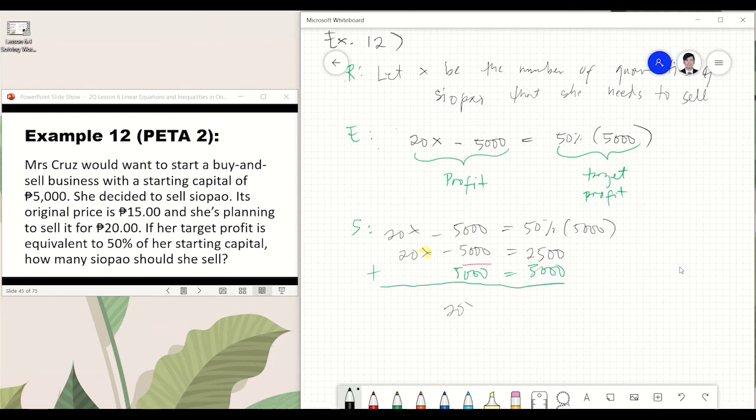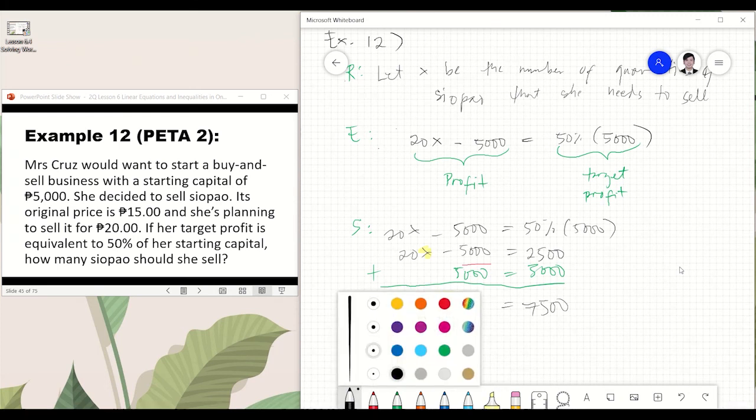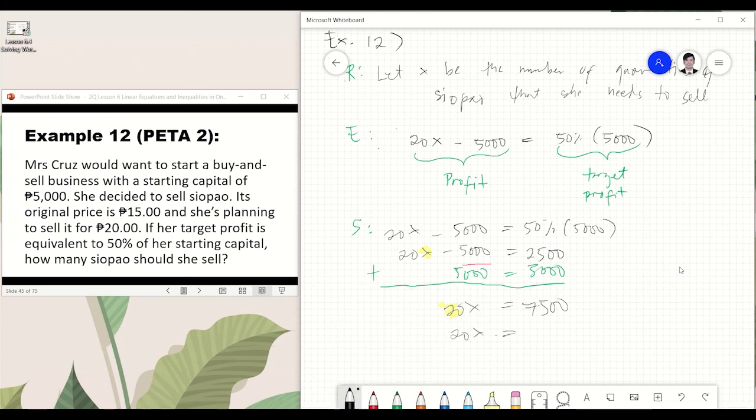So, 20x na lang yung matitira. 5,000 plus 2,500 is 7,500. Then, yung 20x dapat maging 1x. So, yung coefficient niya is 20. We just have to multiply its reciprocal, which is 1 over 20. Whatever you do on the left, do on the right.